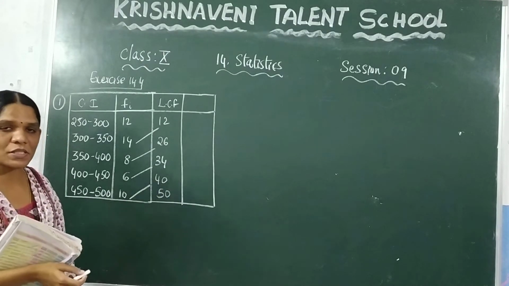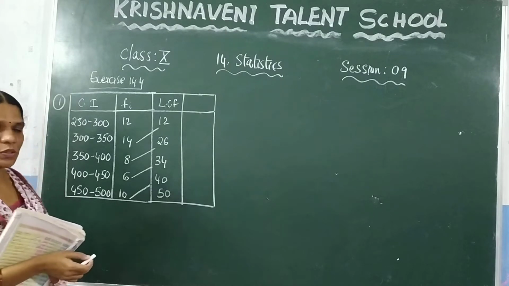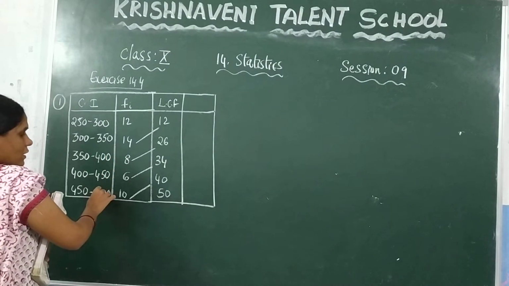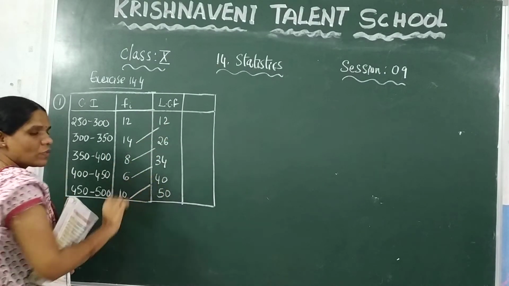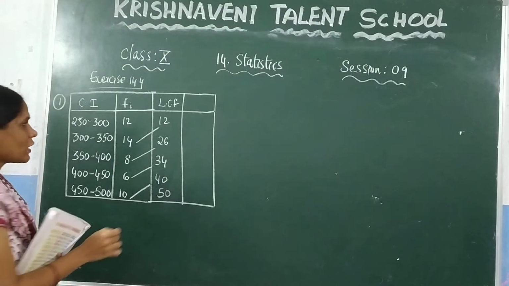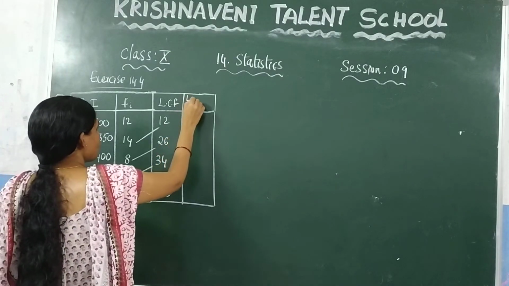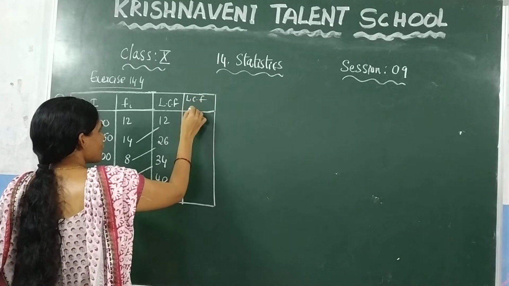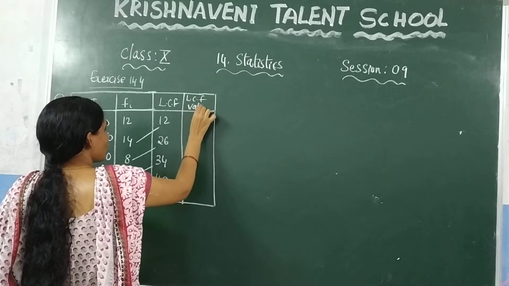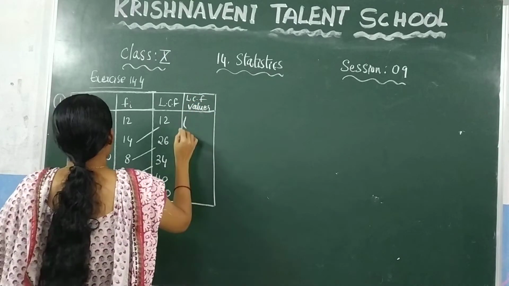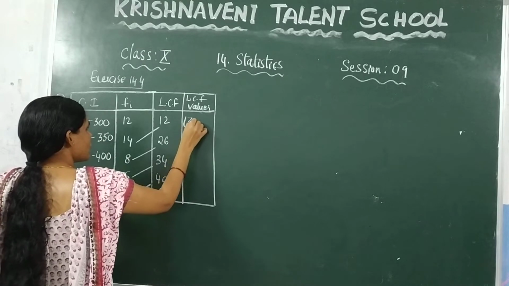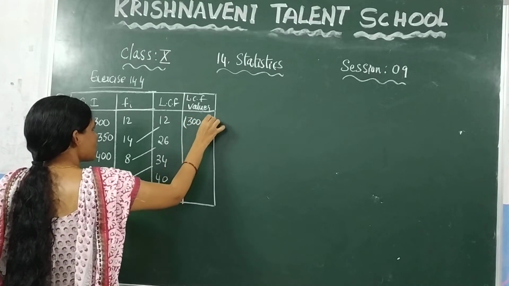Now, to draw the less than cumulative frequency curve, you need to take the upper limits on the x-axis and the less than cumulative frequency values on the y-axis. So write here the less than cumulative frequency coordinates or values. What are those? On the x-axis, you need to take 300, on the y-axis, which is 12.